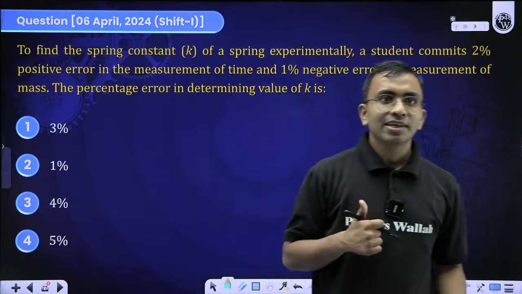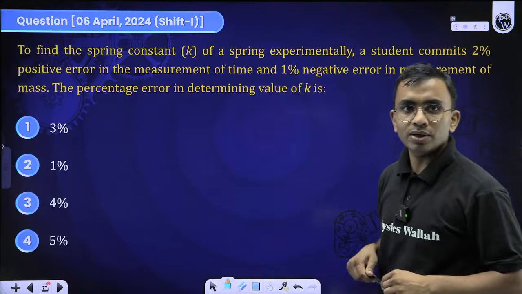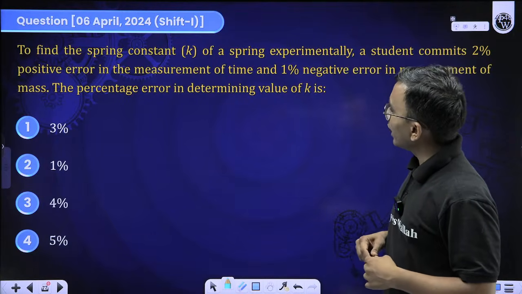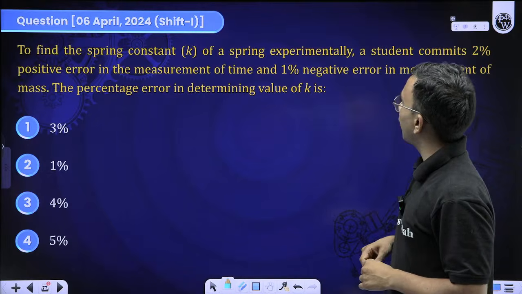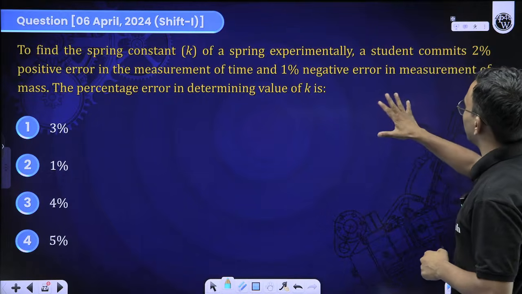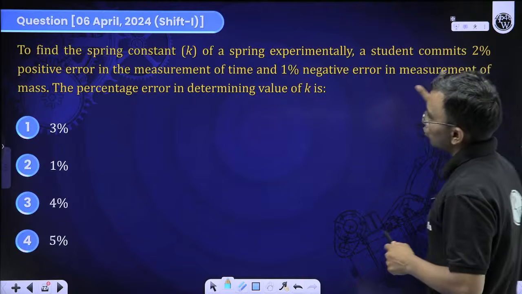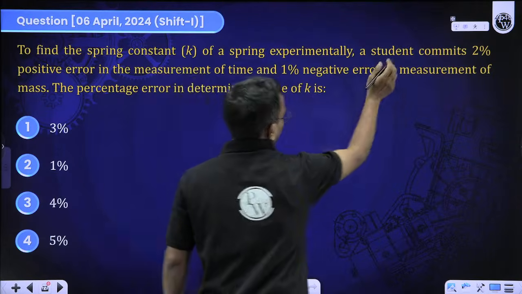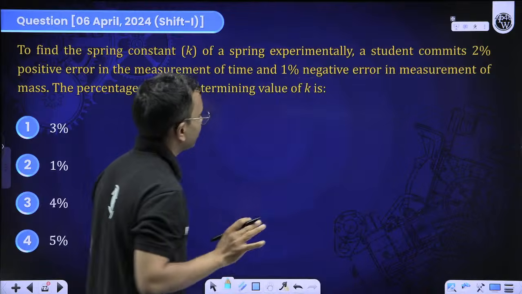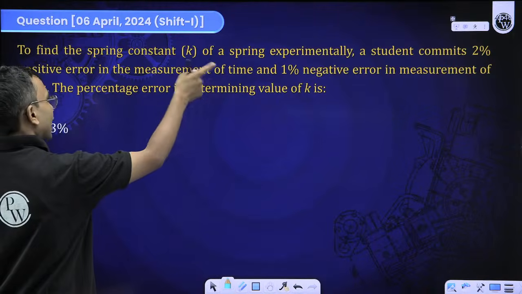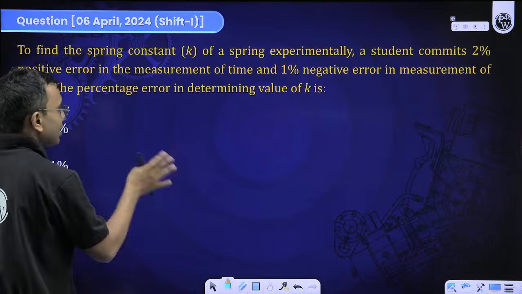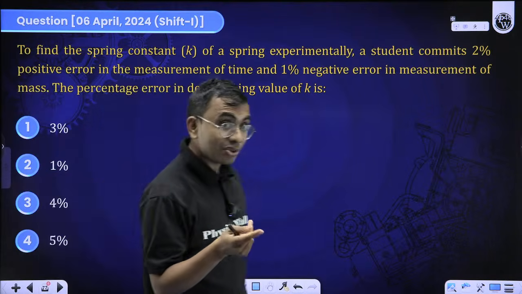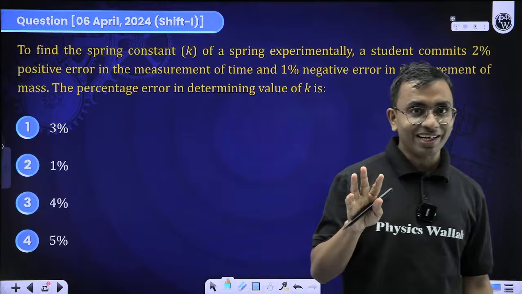Let us try this. To find the spring constant K of a spring experimentally, a student commits 2% positive error in measurement of time. Now again here, when positive and negative errors specifically are mentioned, then you have to take the sign, positive and negative.